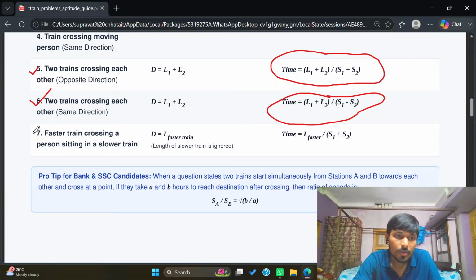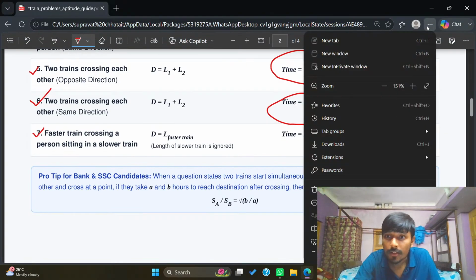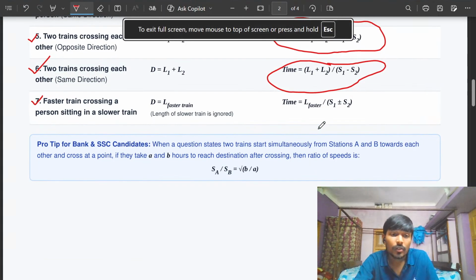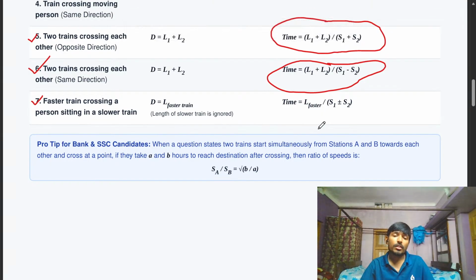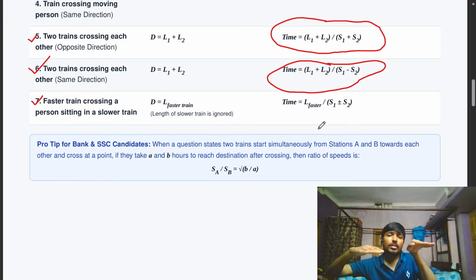Now we are moving to case number 7. A faster train crossing a person sitting in a slower train. This is the faster train and this is the slower train, and in this train a person is sitting.